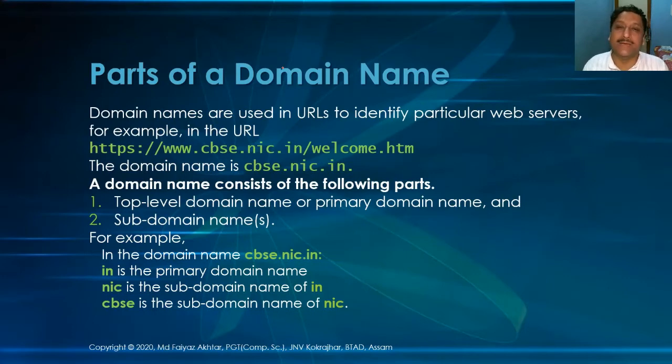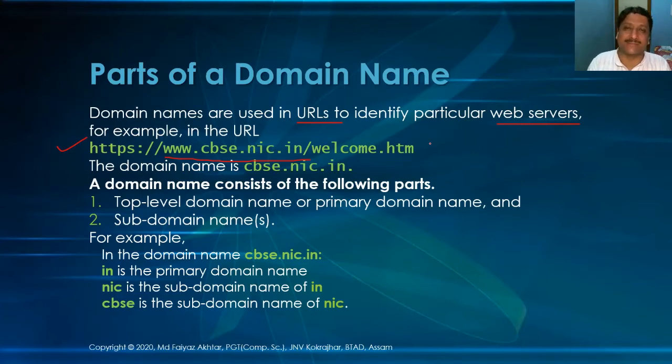Parts of the domain name. What are the parts of a domain name? Domain names are used in URLs to identify particular web servers. For example, www.cbse.nic.in is known as a URL, Uniform Resource Locator.